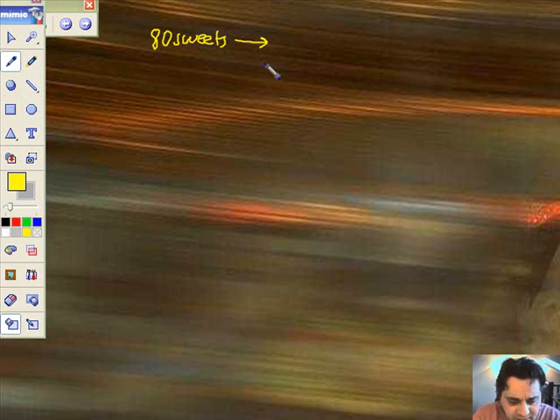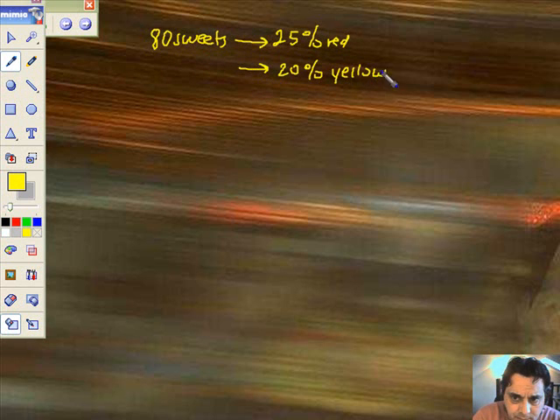I have got 25% of red. I have got 20% of them are yellow. There are 10% more orange sweets than red sweets.